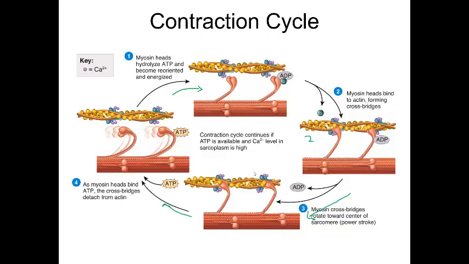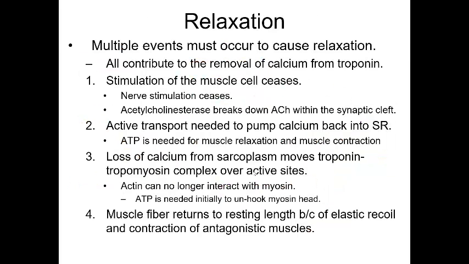Now, relaxation involves one major step. So it involves cutting off the calcium. So once the calcium is removed from the troponin, it involves the tropomyosin changing conformation again to block off the myosin binding sites.